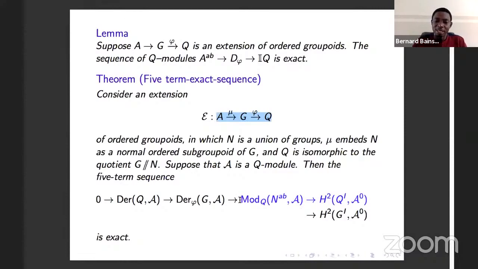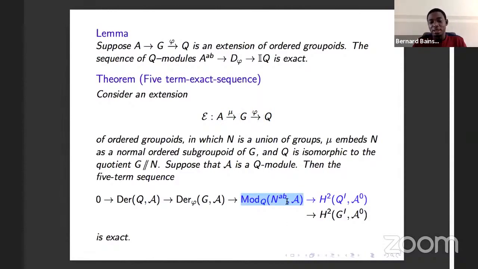So it is from this exact sequence that we are able to classify all extensions. So that is why I have this portion in blue. So what we are going to do is to use this component here to describe all possible extensions.